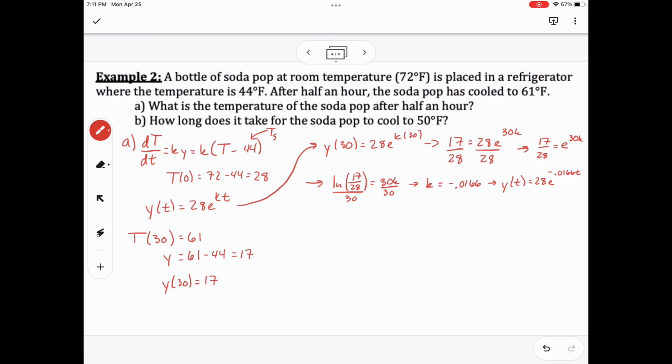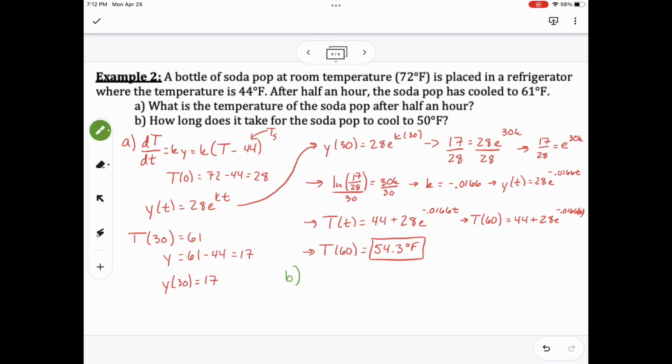And then I plug it in. If I want to know the temperature of the soda pop after another half an hour in the fridge, I would plug in another 30 on top of the 30 I already have, so it would be 60. Notice I added 44 because I'm looking at the temperature now, so I'm starting with a base value of 44, and above that is everything else.